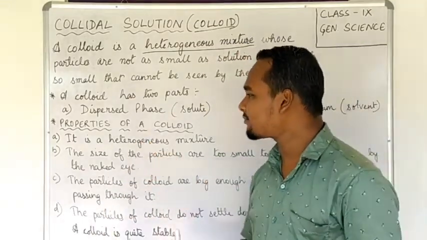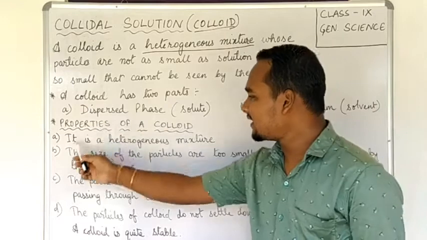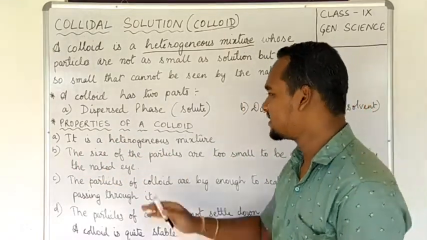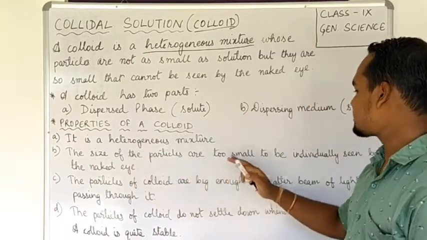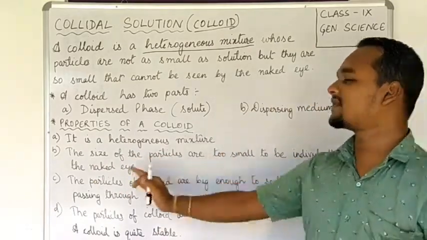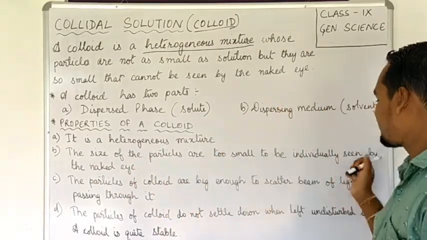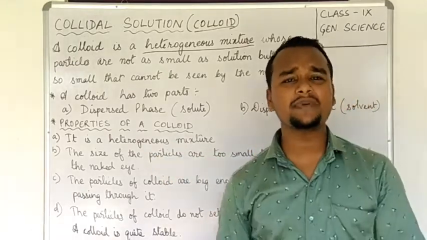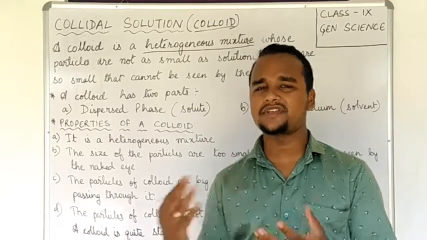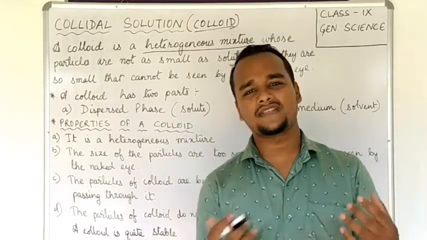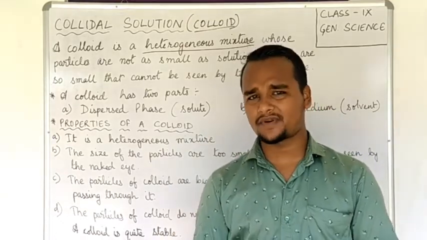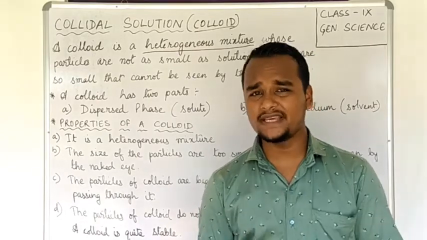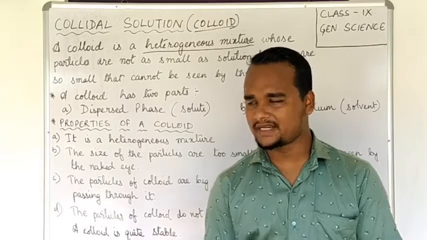So let us see the properties of a colloid. A colloid is a heterogeneous mixture, right? The particles are too small to be individually seen by the naked eye. But in suspension, what did we find? We could see the particles of solute, right?